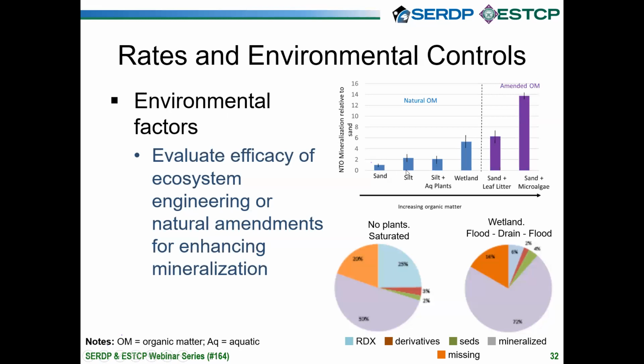And you see under natural conditions, the higher organic matter environments have higher mineralization. But it turns out that if we go back to plain old, relatively unreactive sand, and we add leaf litter or we add phytoplankton, microalgal derived organic matter, we can get almost a 10-fold bump in the mineralization rate.